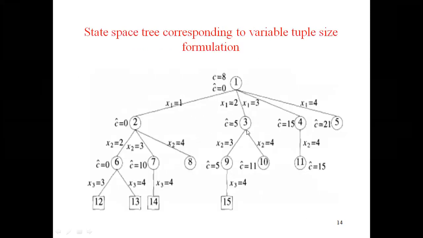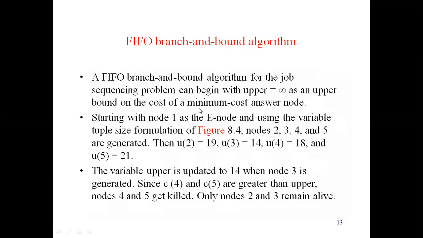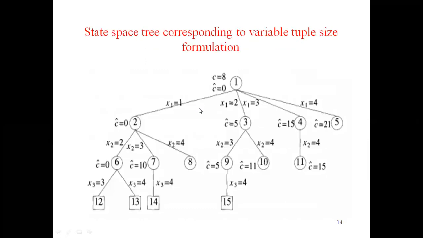See in the diagram, 4 and 5 are killed. These paths are killed. Now only nodes 2 and 3 were taken. So node 2 corresponds to the inclusion of job 1.